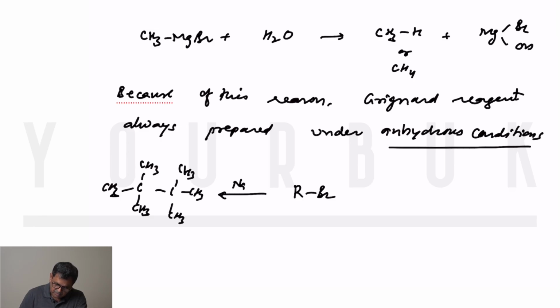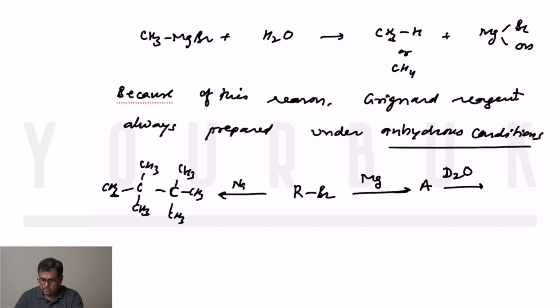This is the compound obtained when we react the RBr with sodium, and this on reaction with magnesium gives A, which on reaction with D2O, heavy water, gives B. D2O contains an isotope of hydrogen, and you know isotopes have the same properties. Like water replaces MgX by H, D2O will replace MgX by D. So my question is, find the structure of R, A and B.